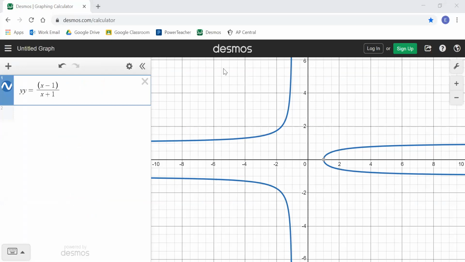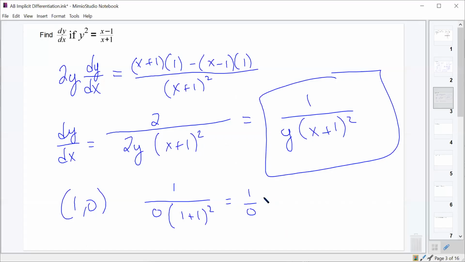And what about any other vertical tangent lines? We got one from y equaling 0 and x equaling 1, right? But also, what about if x equaled -1? Shouldn't that give us a vertical tangent line also? Yeah, it should, right?